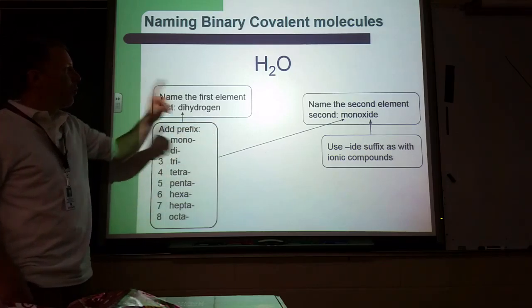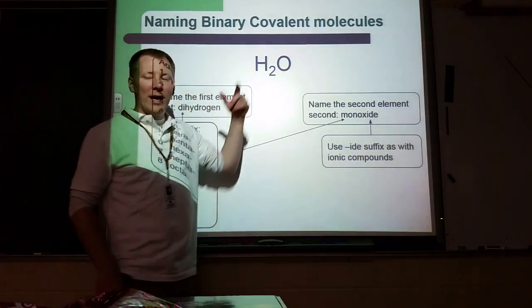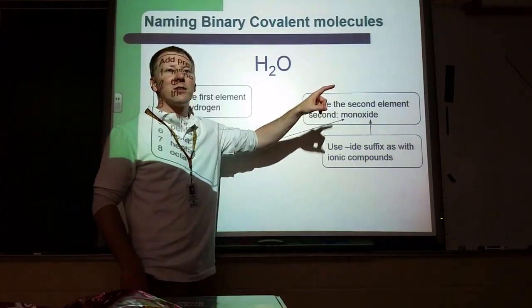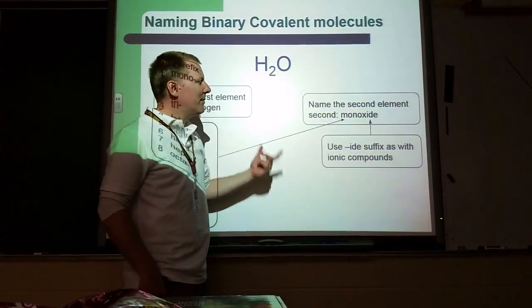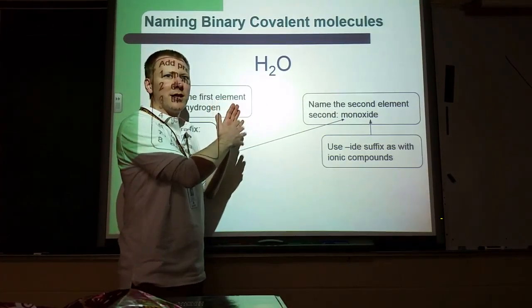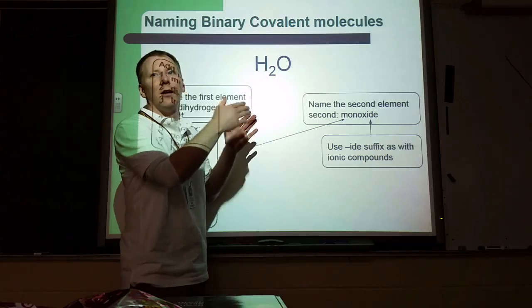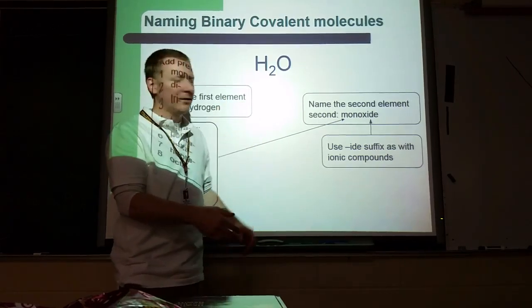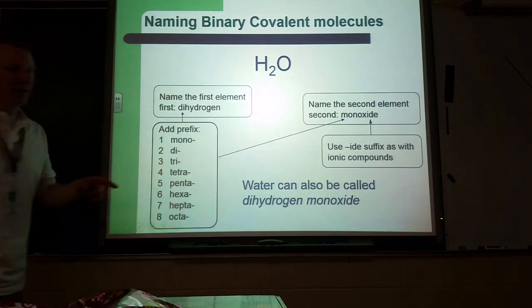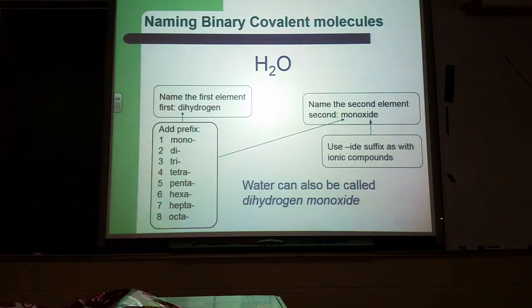There is one of our second, so we have to use mono. And then oxygen becomes oxide. So it could be mono-oxide, but for some reason in English we just mush that together into monoxide. So water can also be called dihydrogen monoxide.